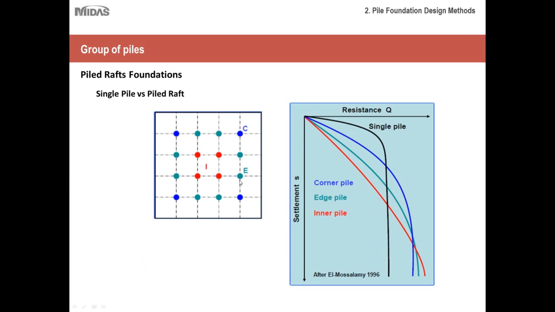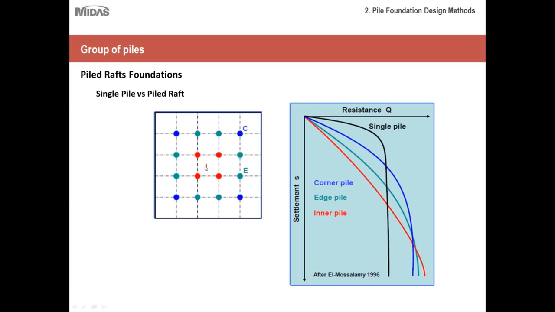Then when you look at the piles at the edges, where you will see the effect of other piles adjacent to them, you'll see a slightly better behavior than the corner pile. But if you see the interior piles, which are surrounded by piles on all other sides, they behave like a pile raft foundation pile. So if we increase the number of interior piles, we'll have a much better behavior, and these piles would govern the behavior of the entire pile foundation because they are more in number.